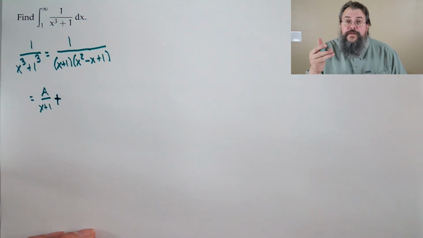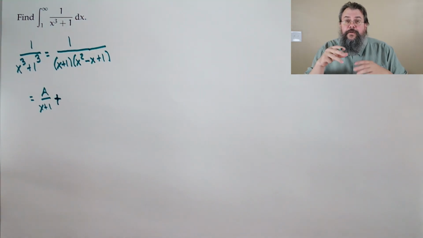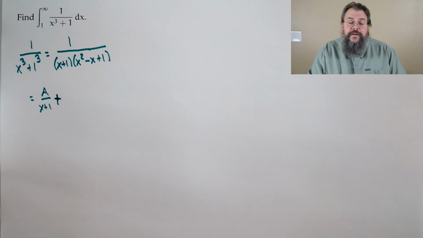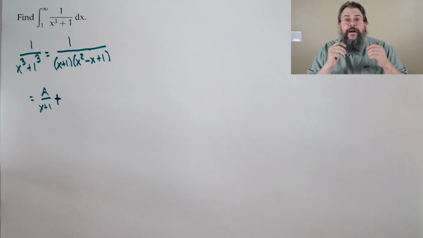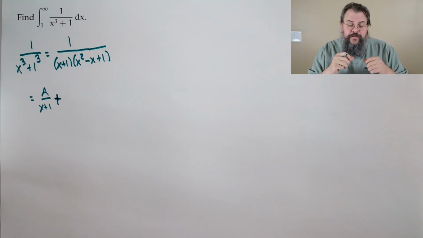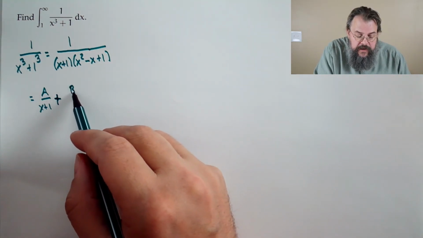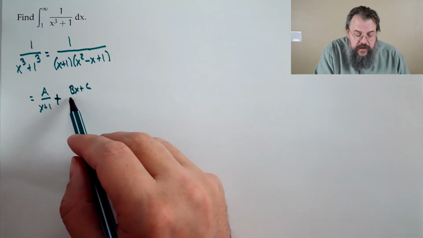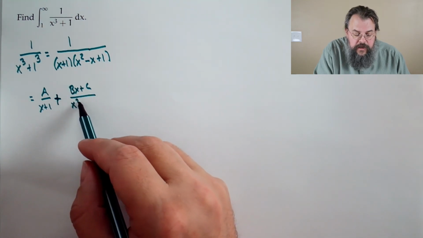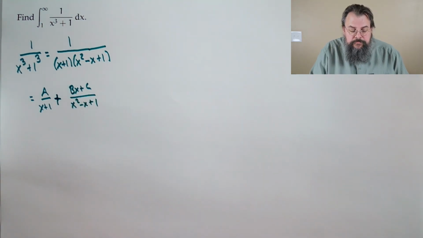And if you try to find the roots, you'll see if you just use the quadratic formula, you get complex numbers. And when you get complex numbers, that's what we mean by irreducible. Complex numbers means it cannot be factored using only the real numbers. So we are going to have a bx plus c over x squared minus x plus 1.